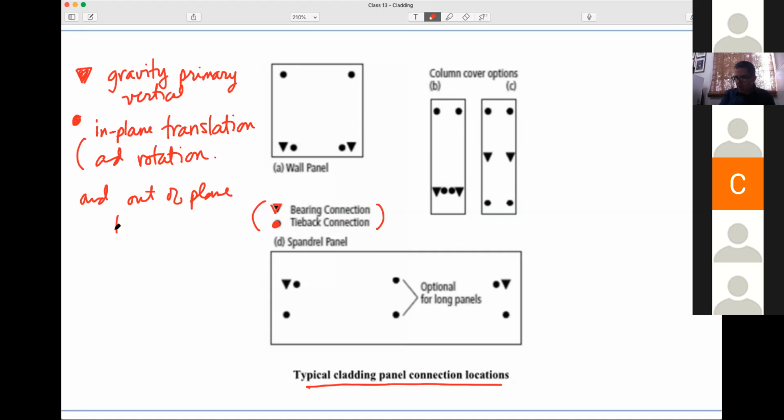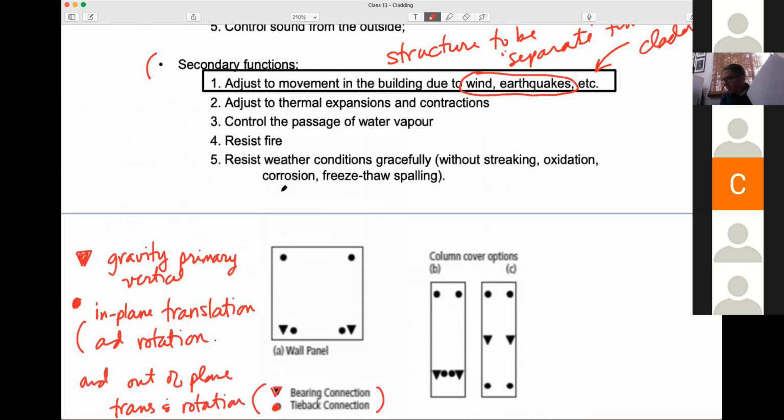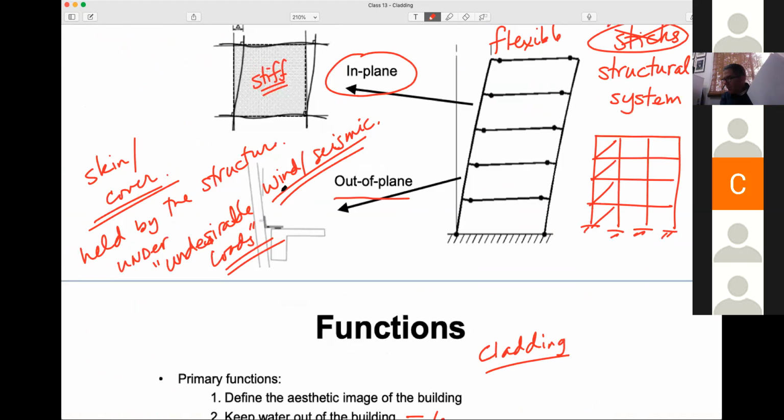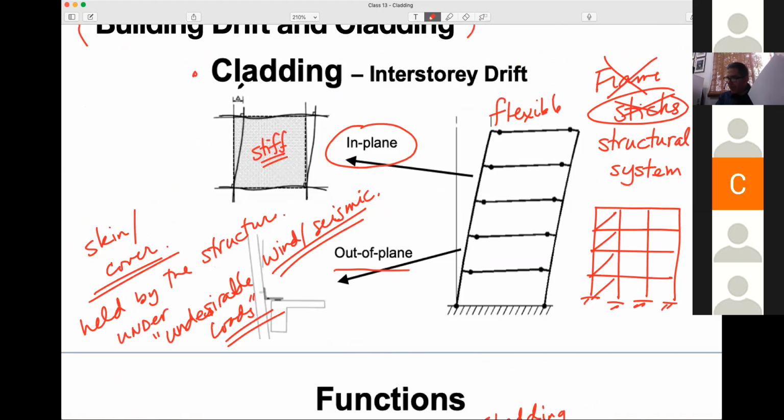And that would be also translation and rotation. I'm going to go back just for a second here. So this would be the in plane, all right? Those in plane movements, and then the out of plane movements.